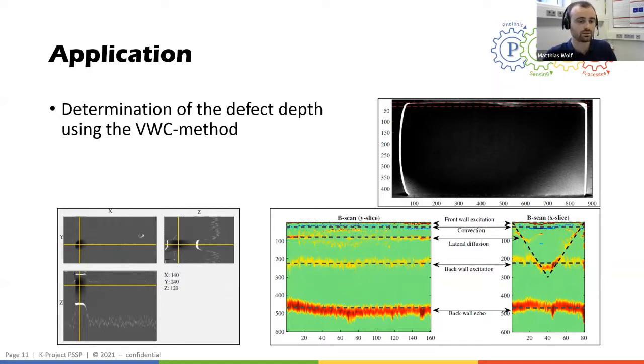And these data could be used, for example, to determine the thickness of the material, but also material properties, for example, the thermal diffusivity.